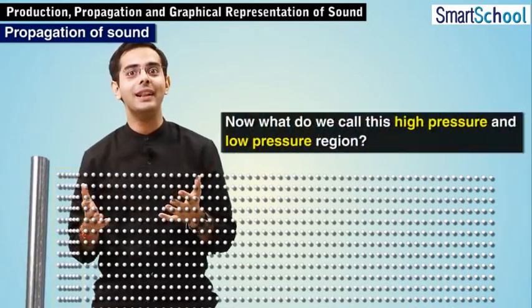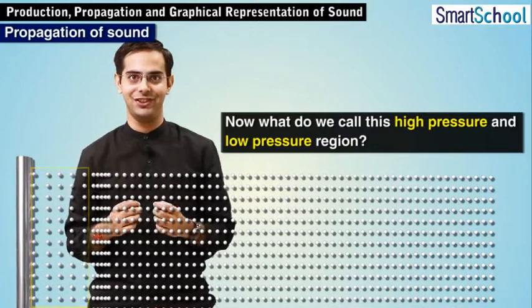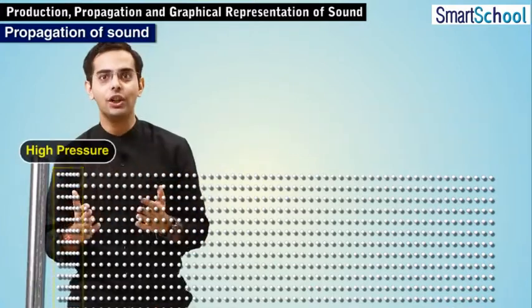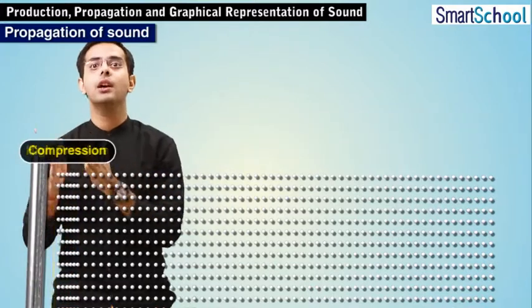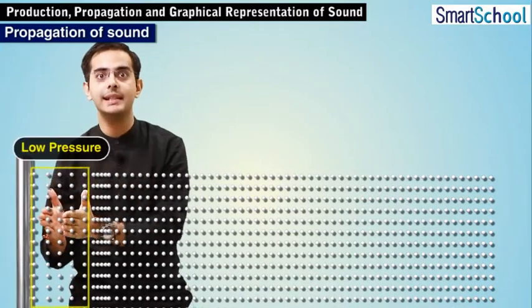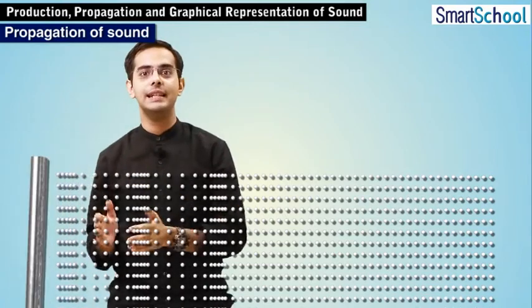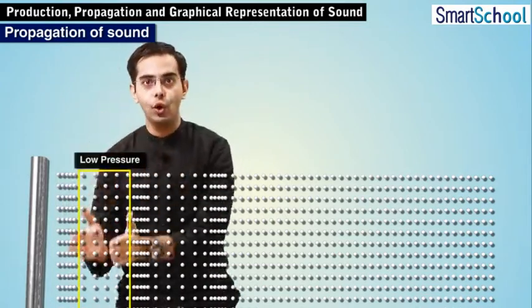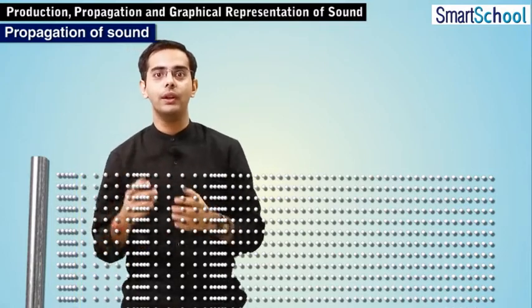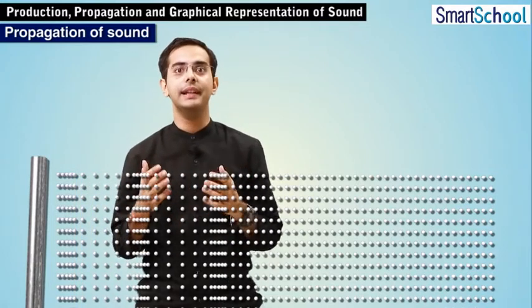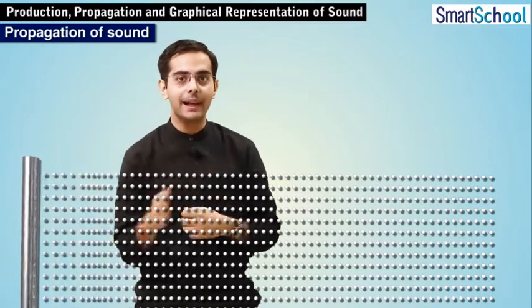Now, what do we call these high pressure and low pressure regions? The region of high pressure is known as compression, and the region of low pressure is known as rarefaction. So there will be a series of high pressure and low pressure areas, and what the prong will do now is create this back and forth motion again and again.